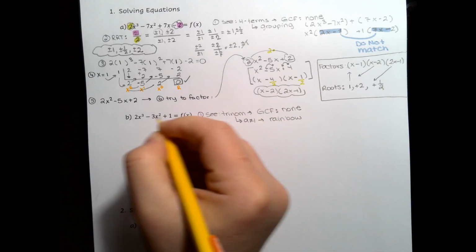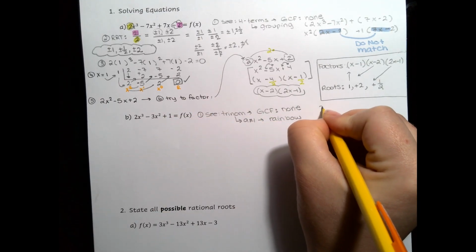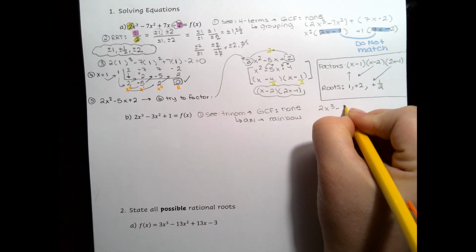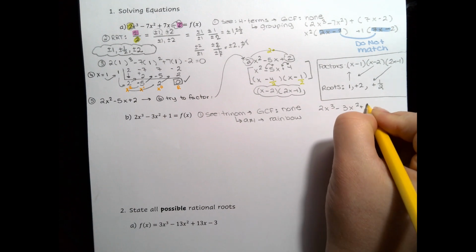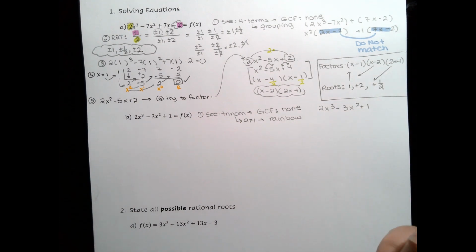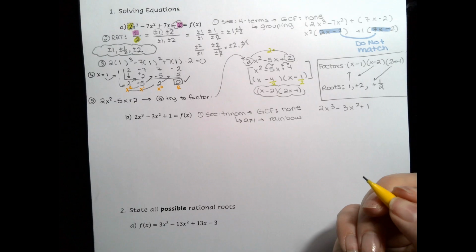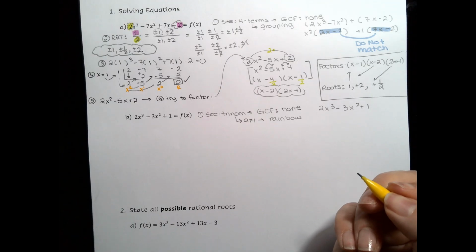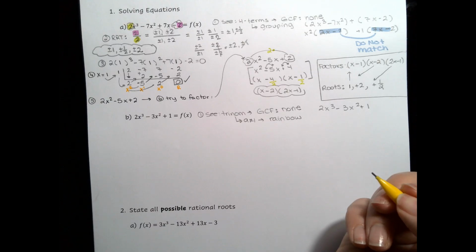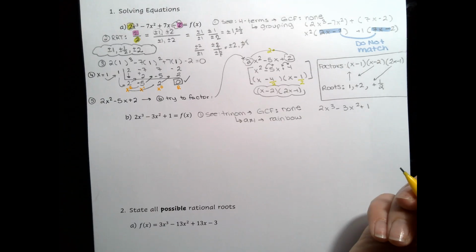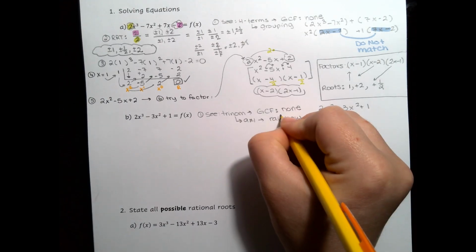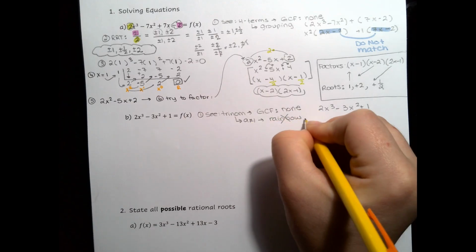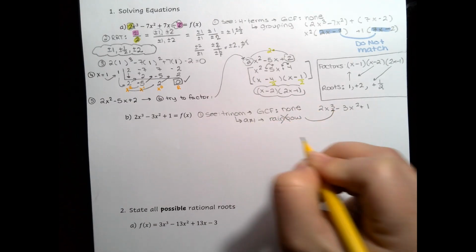With the rainbow method, I'm going to take 2x cubed minus 3x squared plus 1. And I'm already thinking, you know what? This probably won't work. And here's the reason. Yes, I have a trinomial. Yes, the leading coefficient is not 1, but I actually cannot use the rainbow method because it's not a quadratic pattern.